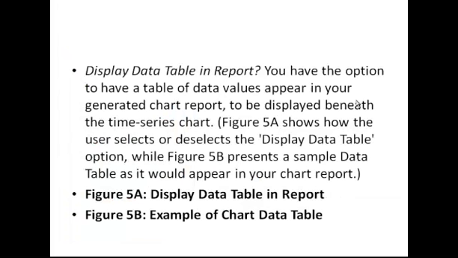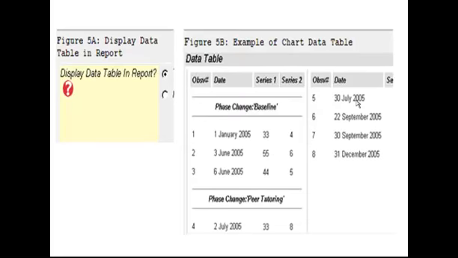And so then you have display the data table in the report. You have the option to have a table of data values appear in your generated chart report. In figure 5, which you're going to look at in just a second, it's going to show you how the user selects, or you can deselect, the display table. So right here, let me find it, there it is.